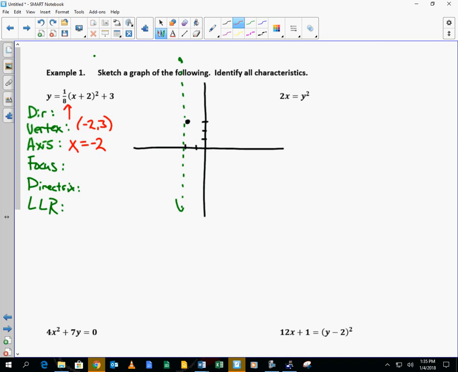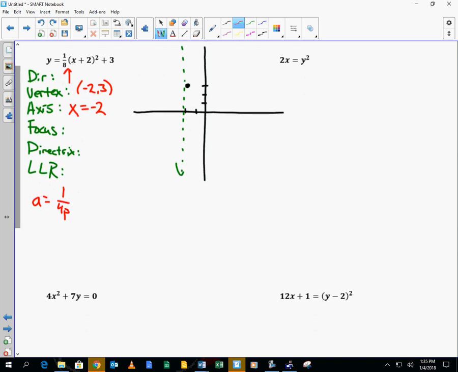Now let's do something new. For these last three, I need to find what value? P. I have a equals 1 over 4p. What is my a value? 1/8 equals 1 over 4p.